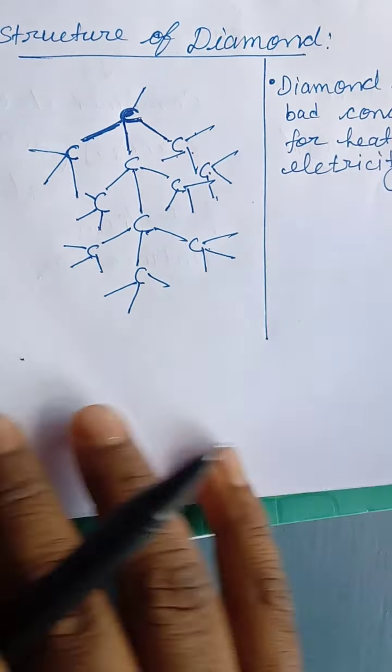We will discuss the properties of diamond. So first property, pure diamond is a colorless, transparent substance with extraordinary brightness. Diamond is the hardest natural substance. Diamond has high density. Okay.